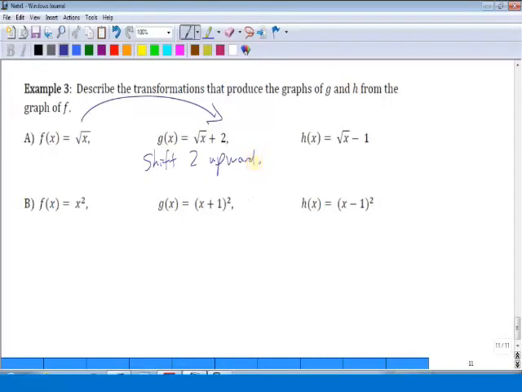Again, it's outside, out from underneath the radical sign. So 1 unit down. If we begin with the squaring function and we substitute x plus 1 for x, 1 unit, up, down, right, or left? To the left.